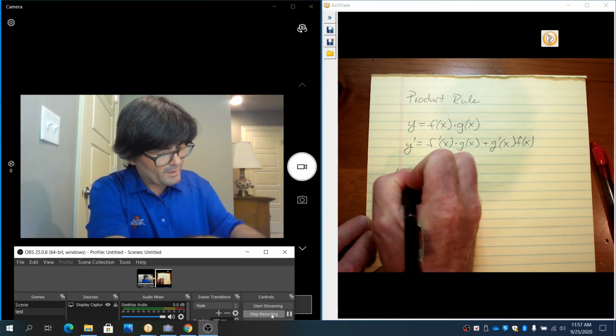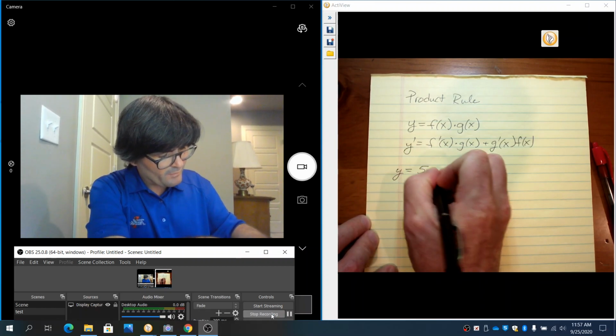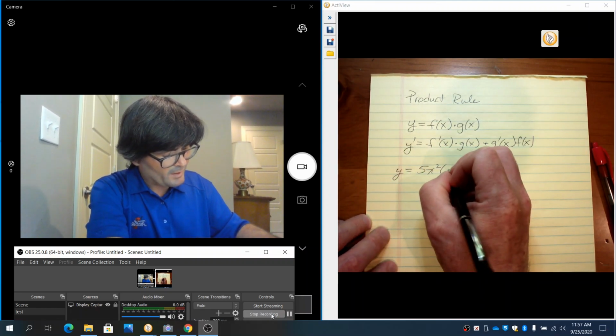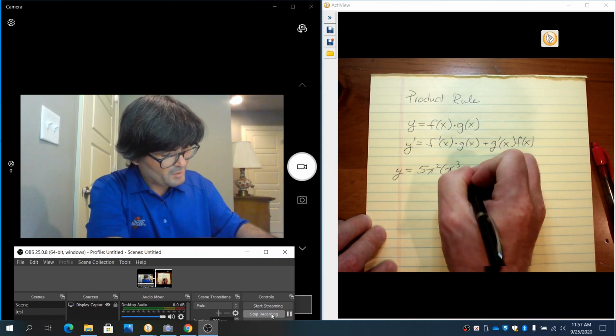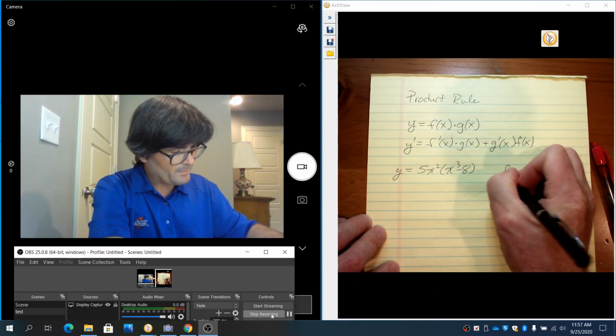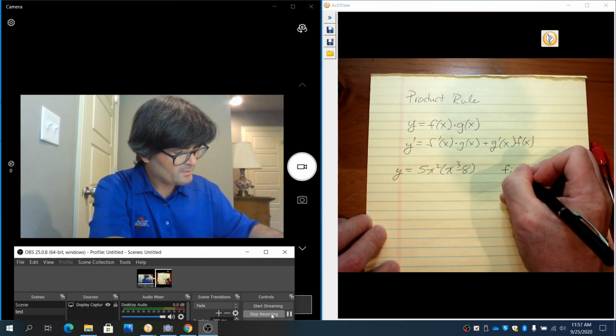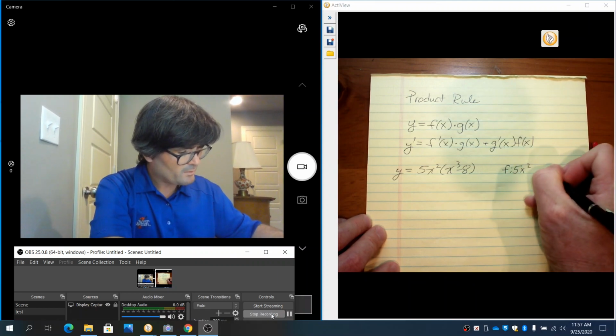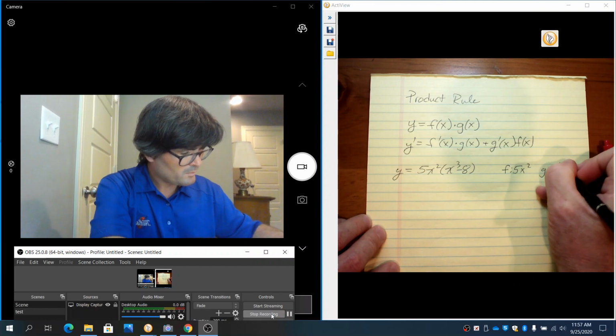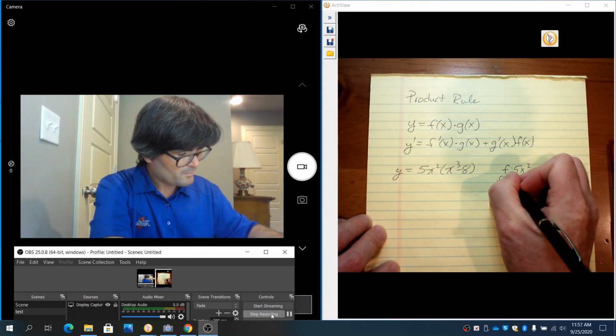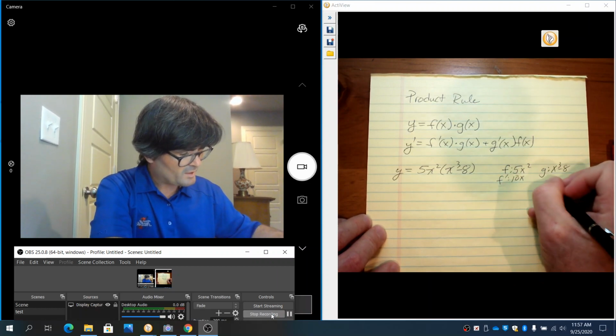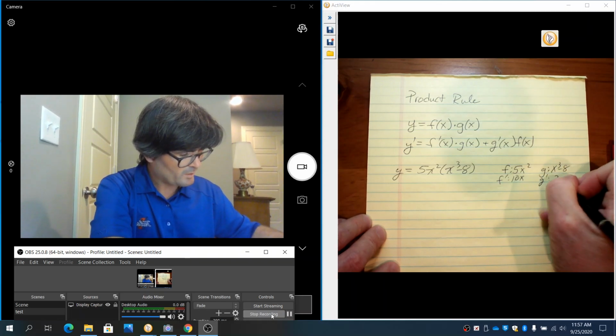Suppose you have y equals 5x squared times x cubed minus 8. It helps me to label what f is and what g is. F prime is 10x, g prime is 3x squared.